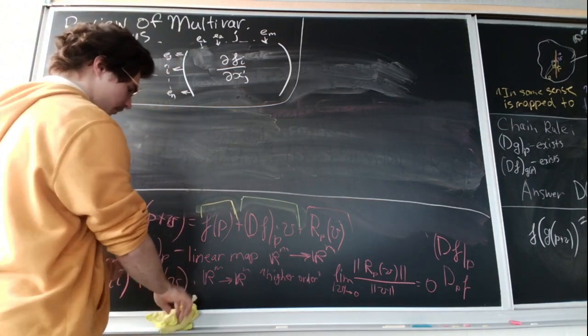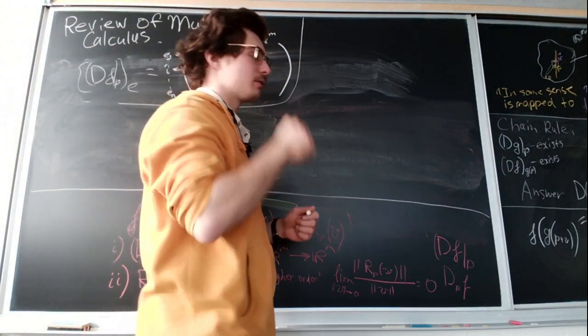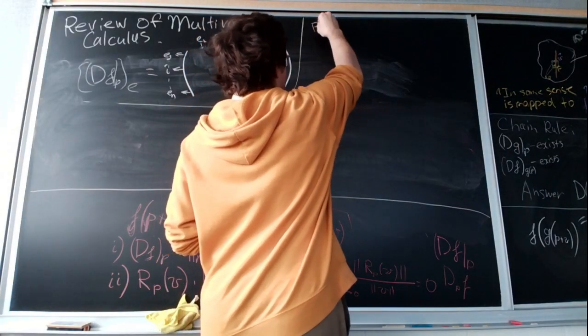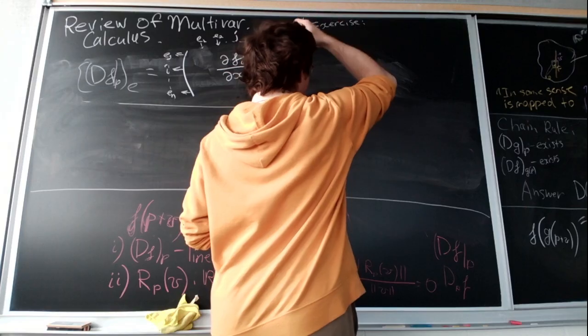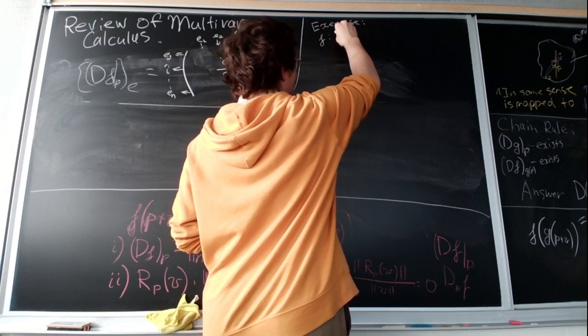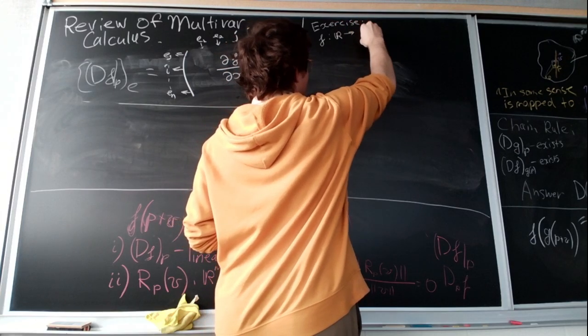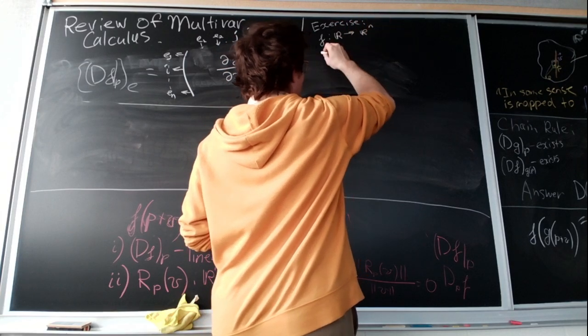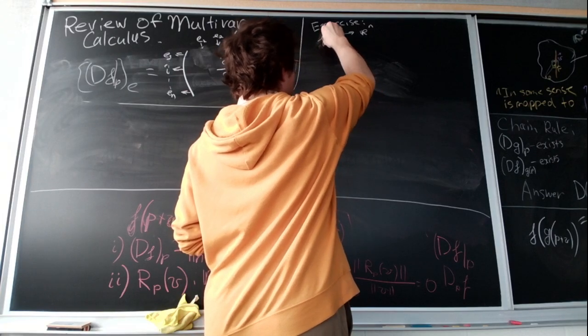So now that you learn chain rule, you get an exercise. And this exercise is very simple. Well, you get a bunch of exercises. But this exercise is, suppose you had a function from R to Rn. Let's call this function gamma.